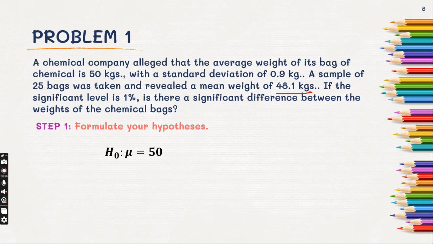Okay, so for our alternative hypothesis, we have here not equal to 50, because nothing was said about the average weight being higher or lower. When that is the case, there are no hints or clue words, so we use not equal.